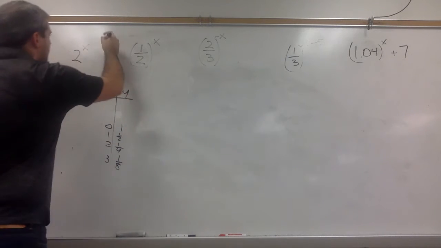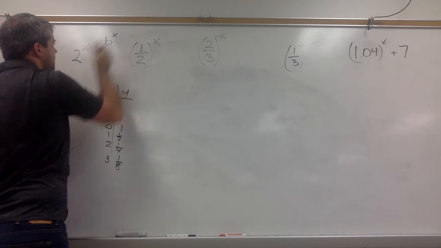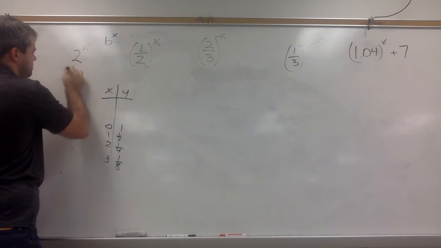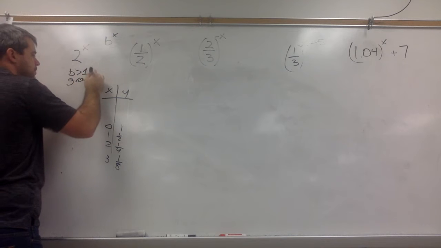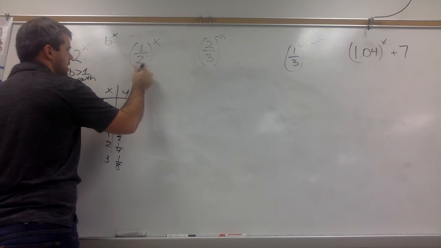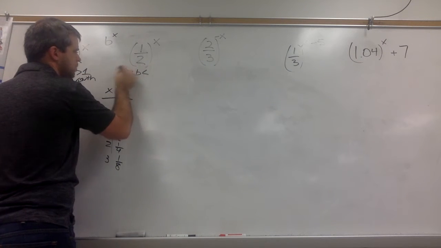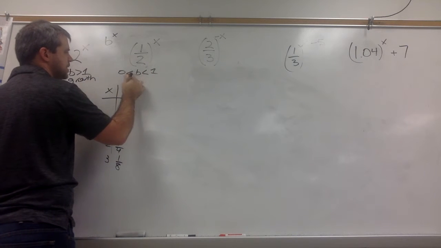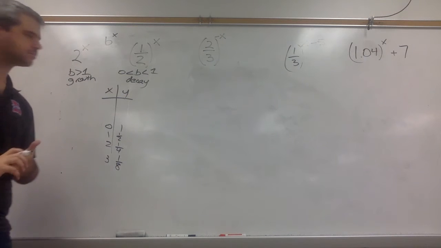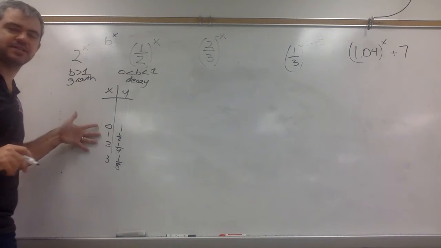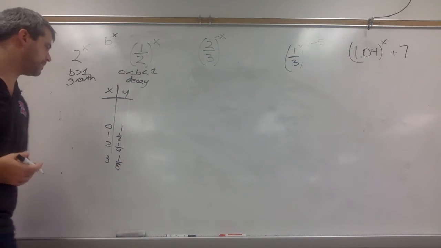So when you have b to the x, if b is greater than 1, that's going to be exponential growth. If b is between 0 and 1, that's going to be exponential decay. So that's what we're going to see here is exponential decay.